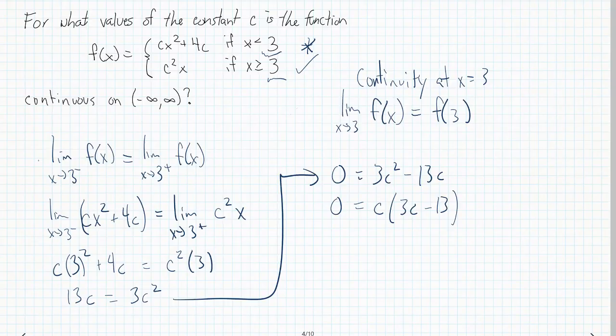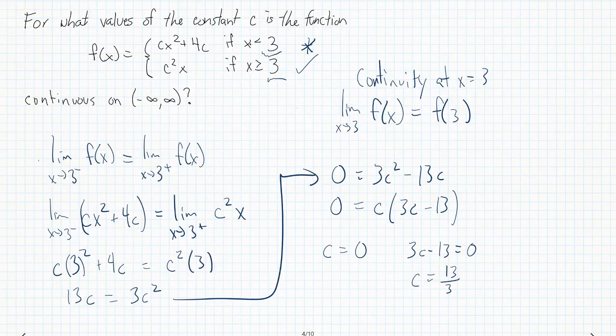And the way to solve this, you set each factor that you have up here equal to 0. So you get c equals 0, and then you get 3c minus 13 equals 0. So notice this is c equals 13 over 3. The way you can get that, first add 13 to both sides, then divide both sides by 3. So for what values is this continuous?